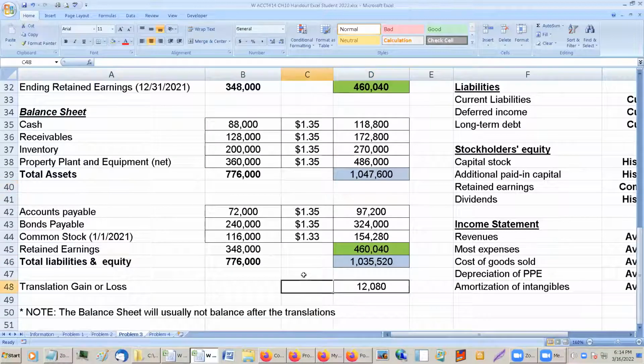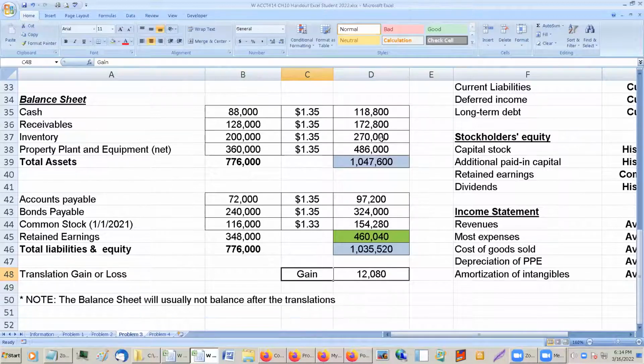Yeah, this would be a gain because it's sort of like this. Whatever they are, they have assets worth $1,047,000, but they really only owe other people, the common stock and the liabilities. They really only owe $1,035,000. So yeah, it's a gain.